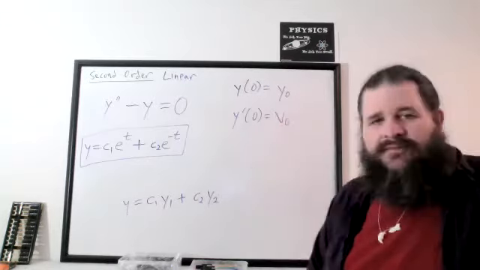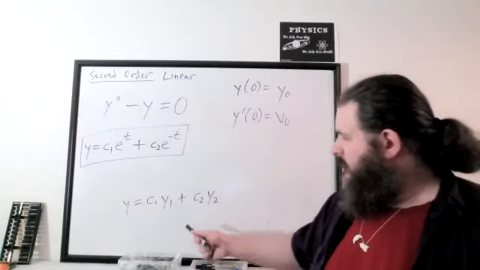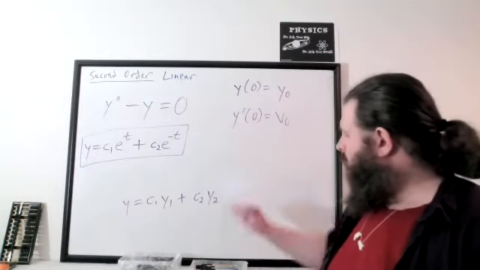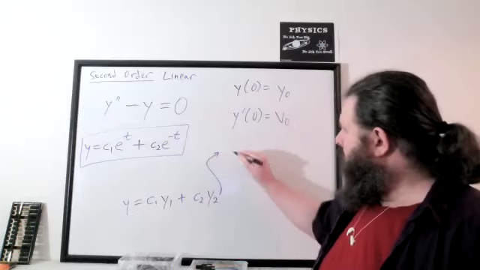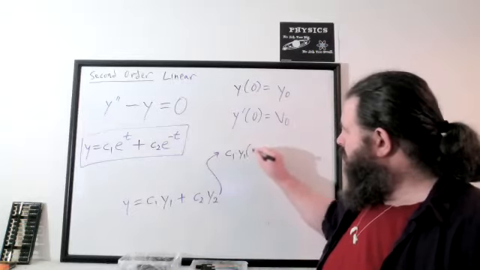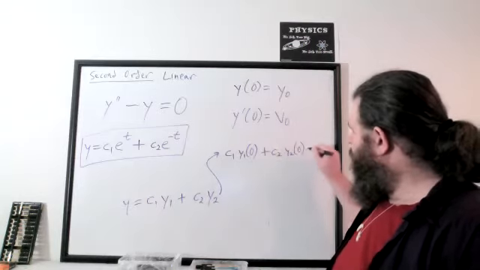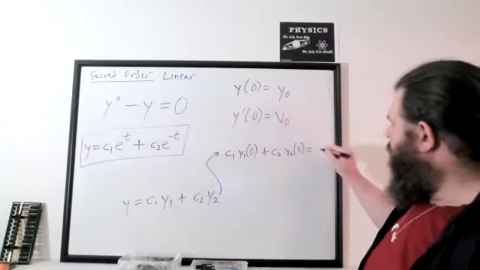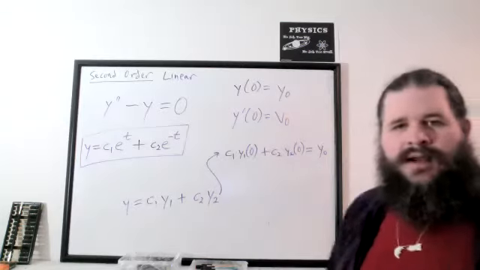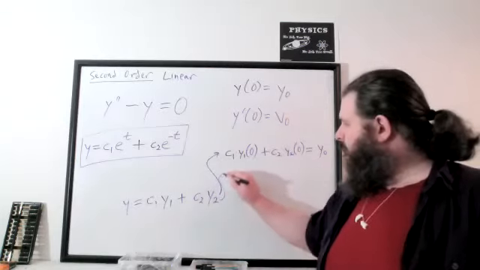What you can do then is plug in 0 for t in this whole thing. So you get C1 times y1 of 0 plus C2 times y2 of 0 equals y naught. And then also you want to take the derivative.